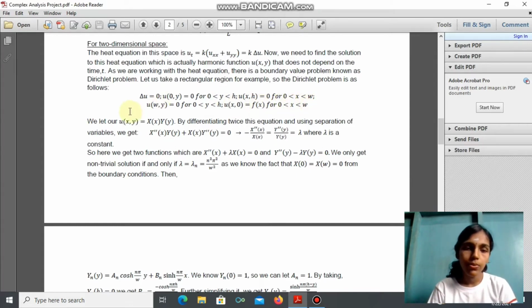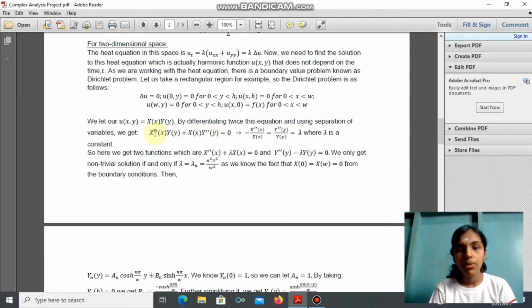So in order to find a solution, we let u(x,y) be capital X(x) times capital Y(y). Here we have to differentiate this equation twice, as we know that the harmonic function should satisfy the Laplace equation. By differentiating it, we get X''(x)Y(y) plus X(x)Y''(y) is equal to 0.